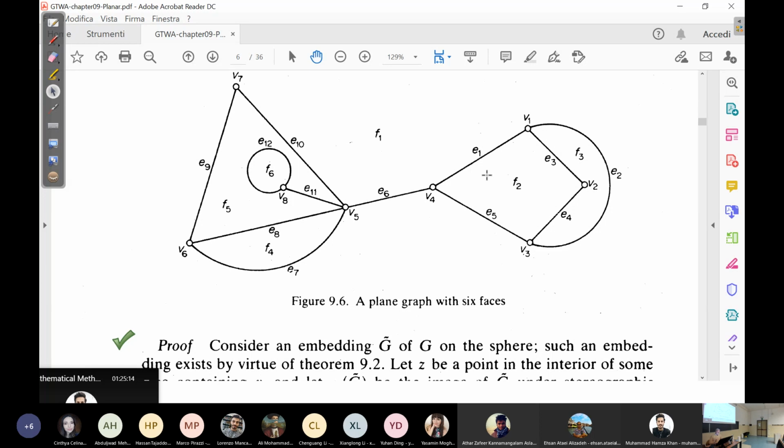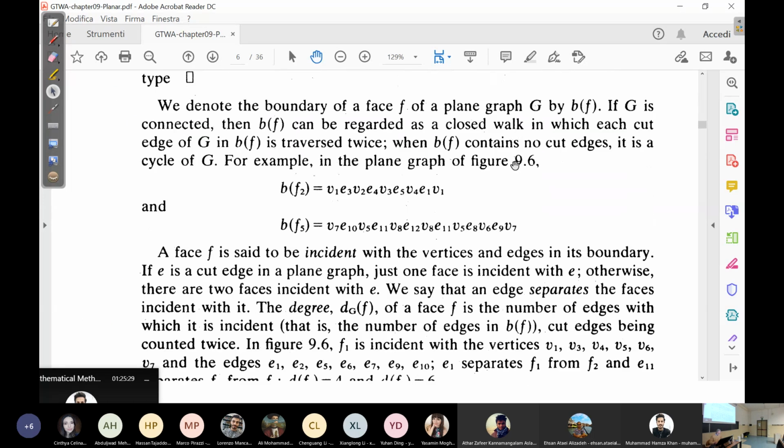And we get this closed walk in which we go through the same edge twice if and only if in the graph it is a cut edge, okay? When B of F contains no cut edges, then it is a cycle, meaning that you go through each edge and through each vertex just once, apart from origin and terminus, which coincide, okay?